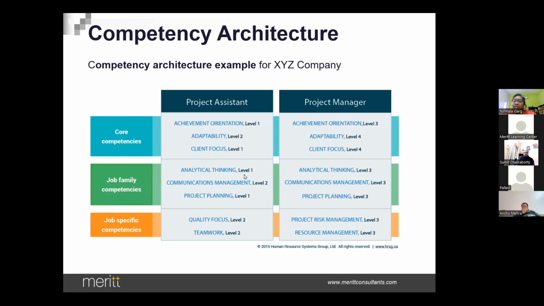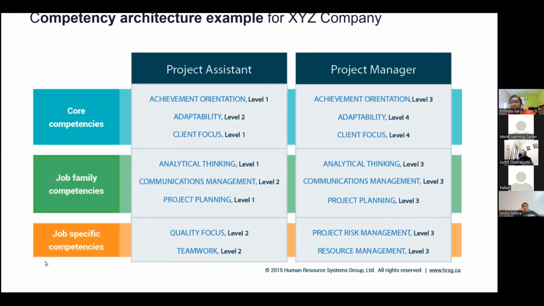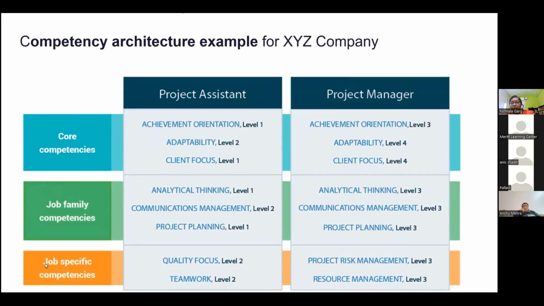Now, typically, it can look like this. For example, there is a company, XYZ company. Project assistant reports to project manager. Can all of you see this, or do you want me to make it bigger? Okay, it is fine.